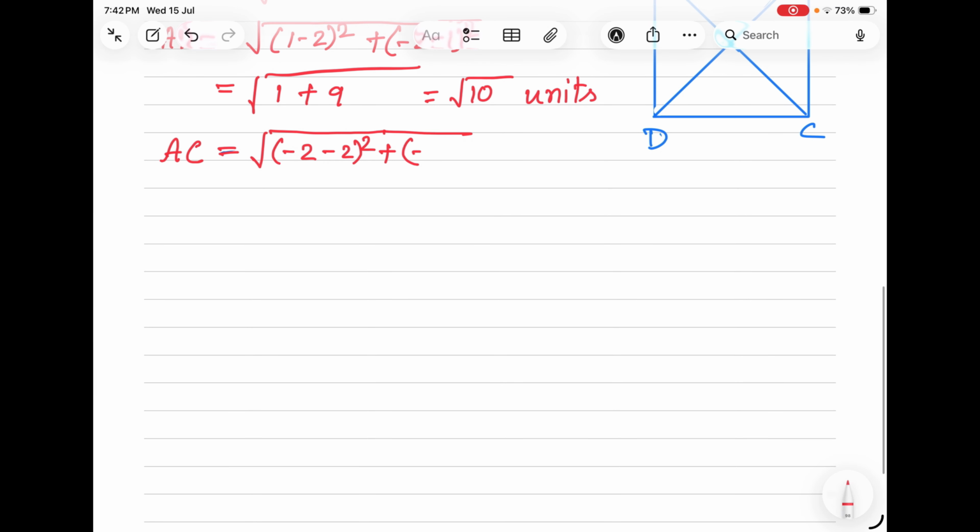So -2 minus 2 is -4, whole square 16, plus -1 minus 1 is -2, whole square 4. So we get 20, square root of 20 units.